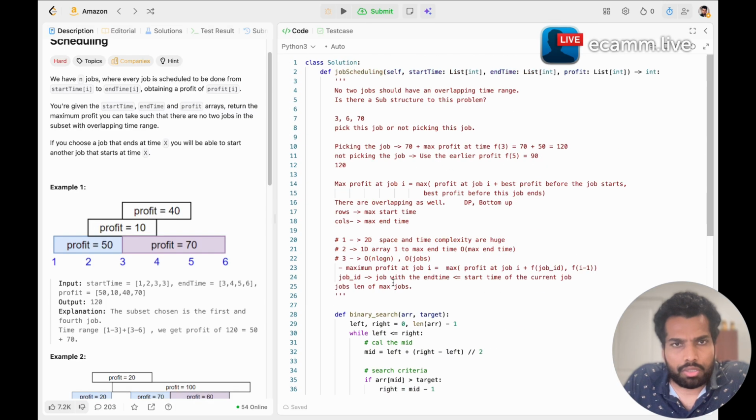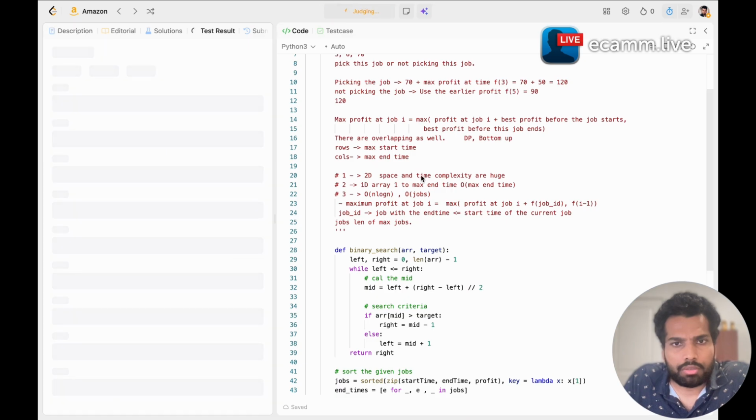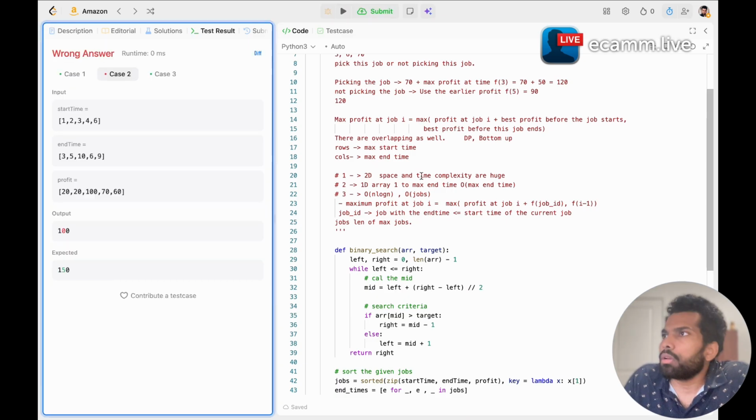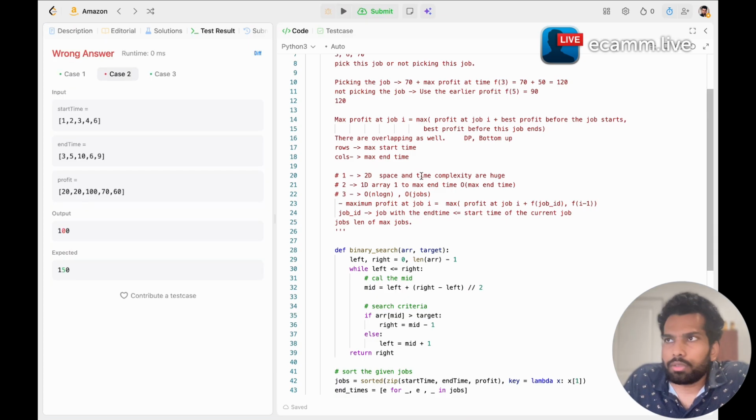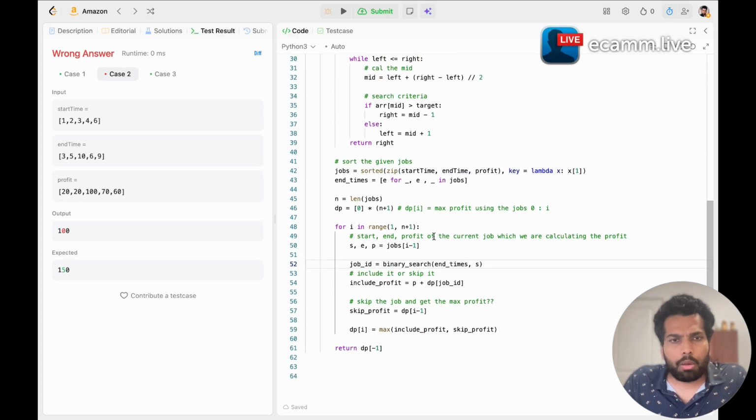Let's try running this. Okay, so there is some edge case that is failing. Hmm. Okay, so I think I found the issue.